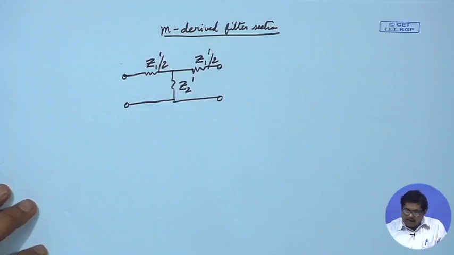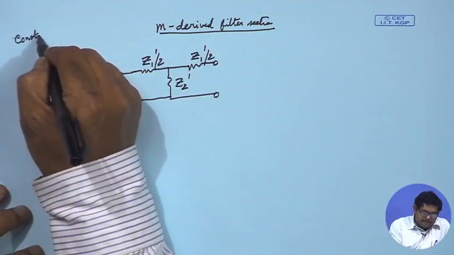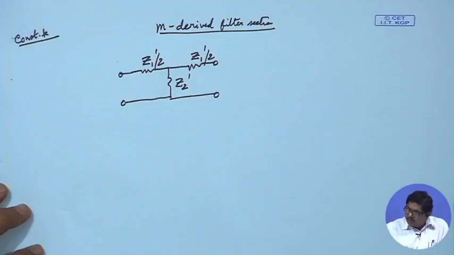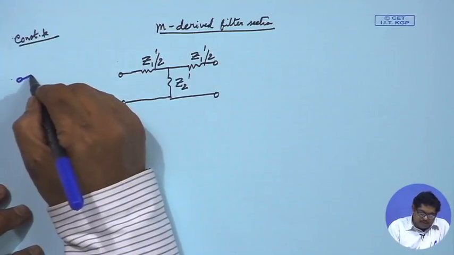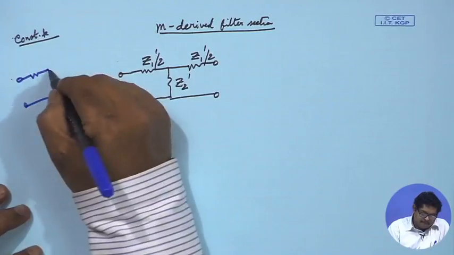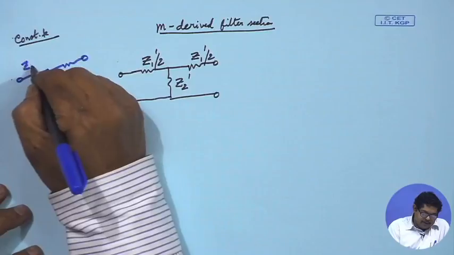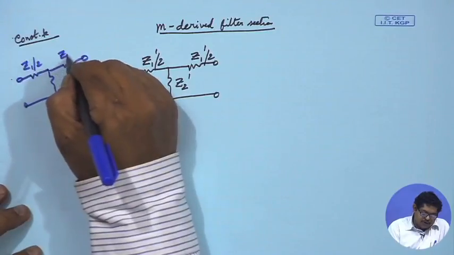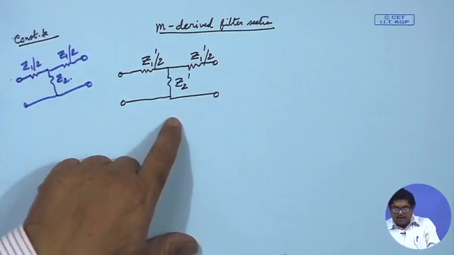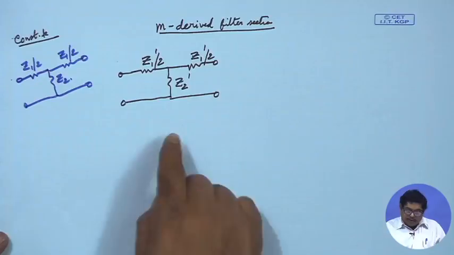Now, what was our constant k? That was Z1 by 2, Z1 by 2, Z2. This was constant k. Today, we are saying it is Z1 dashed. Now, this is m-derived.